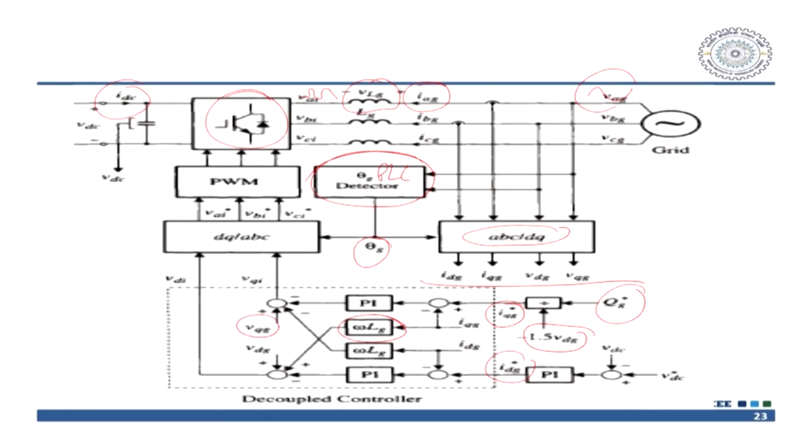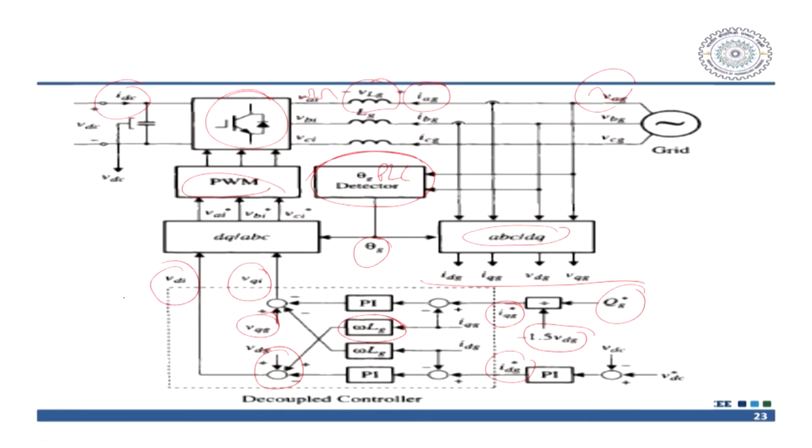So, it becomes the VQG and this becomes your VDG, and these signals will be fed to the inverter or the converter depending on the mode of operation, converted from the DQ to the ABC frame, and thereafter you have a PWM controller to track the reference.